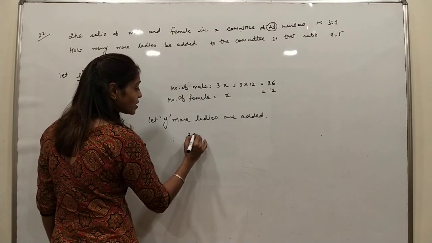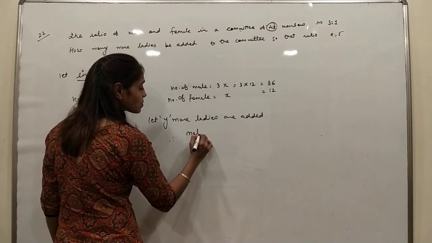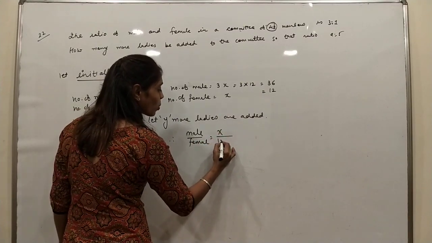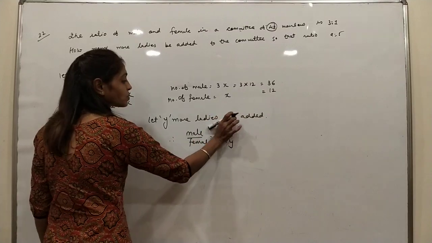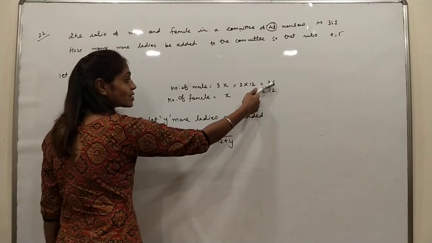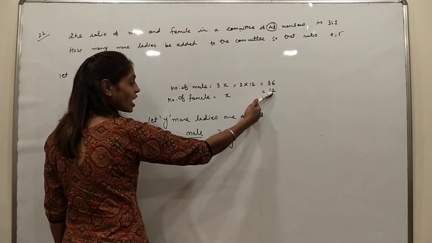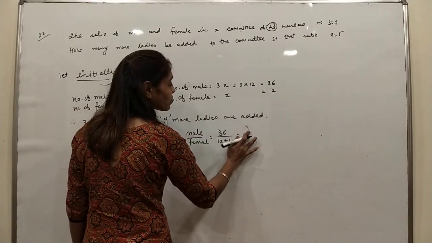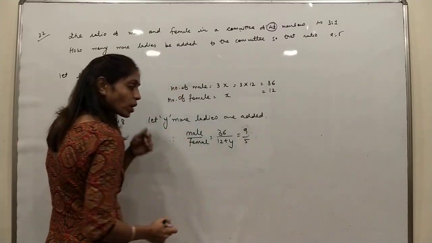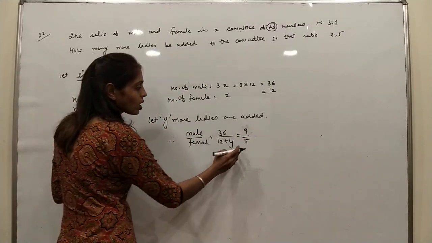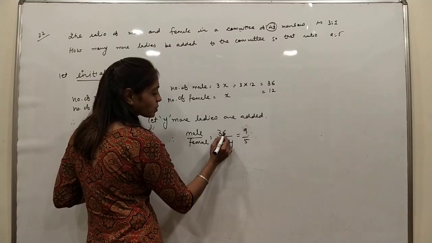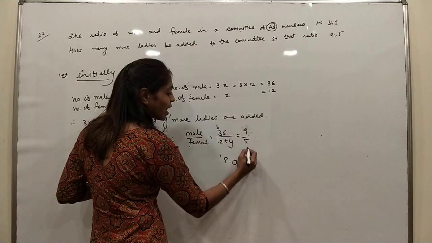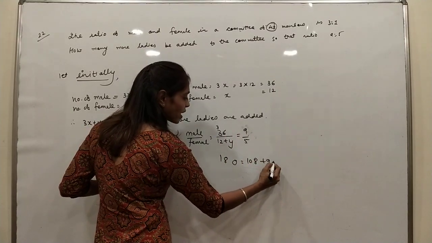So 36 male is to female. Male to female ratio is 36 upon 12 plus y, because males were 36 and females were 12, but y more females are added and the new ratio is 9 upon 5. Okay, understood? 36 into 5 is 180, 12 nines are 108 plus 9y.